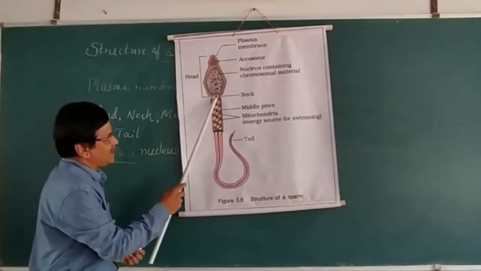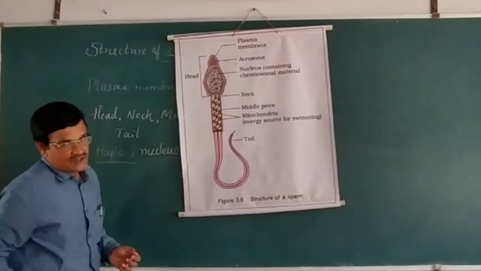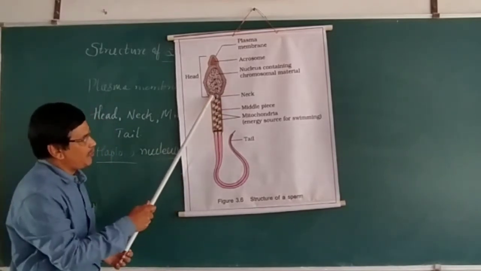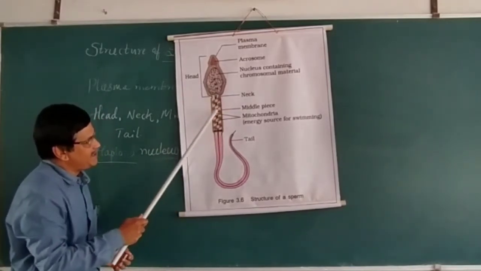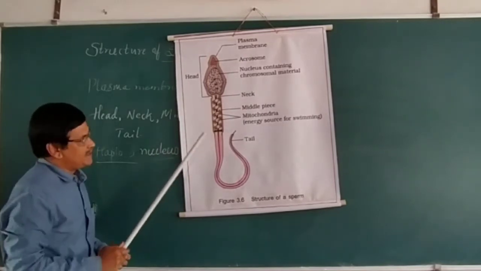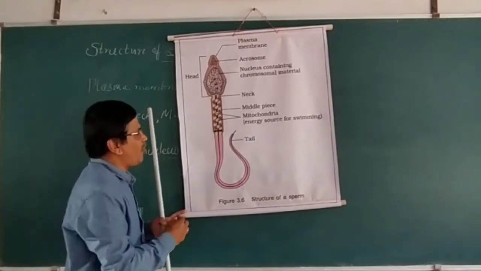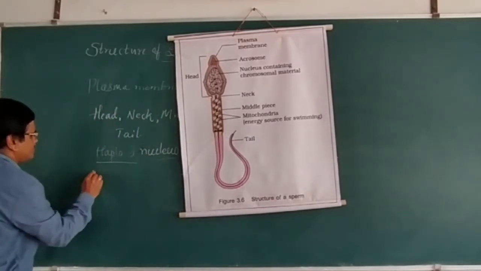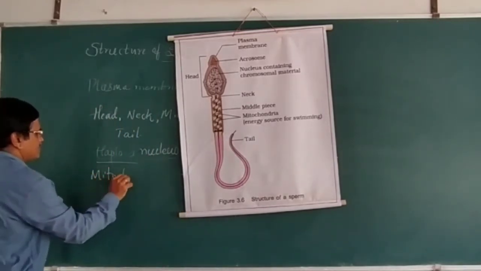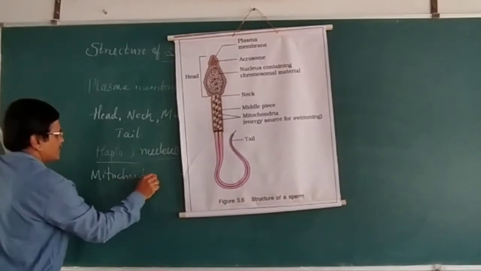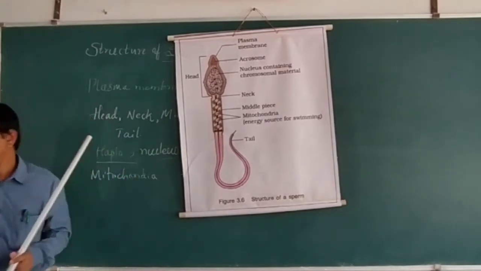Next region is the neck, which contains centrioles, a small portion which connects the head and middle piece. Then the middle piece has many mitochondria.